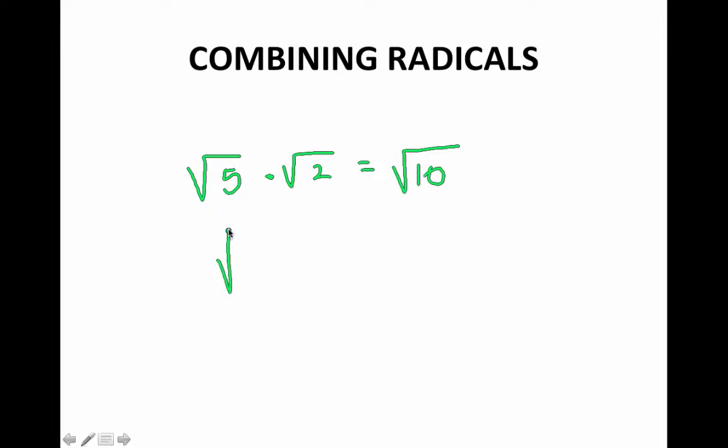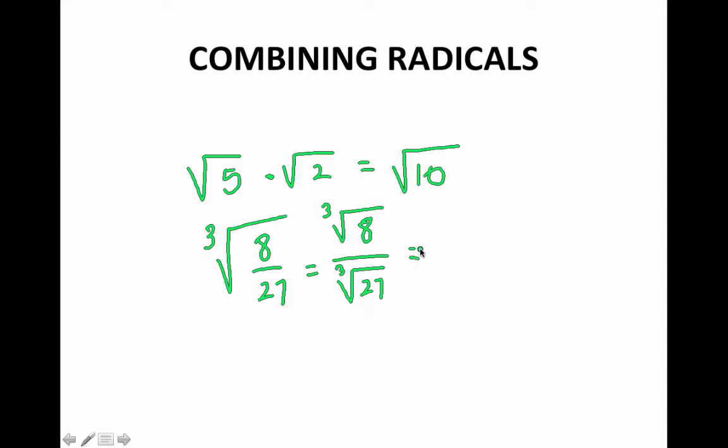Like we might have the cube root of 8 over 27, which is also the same thing as the cube root of 8 divided by the cube root of 27. And since I can find those values pretty easily, because the cube root of 8 is 2 and the cube root of 27 is 3, I just get 2/3.